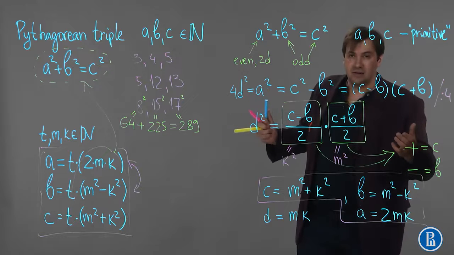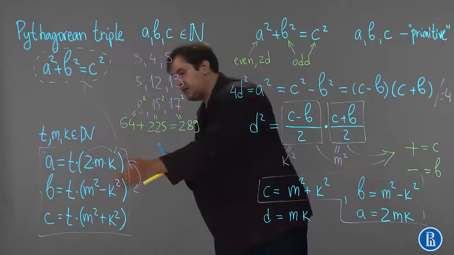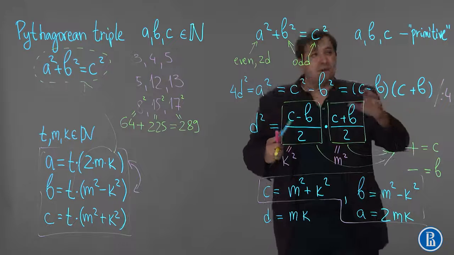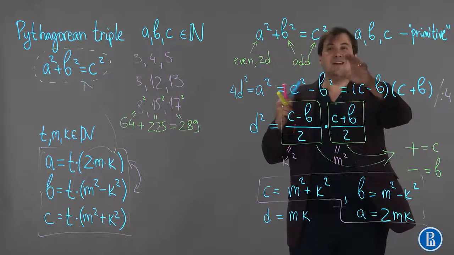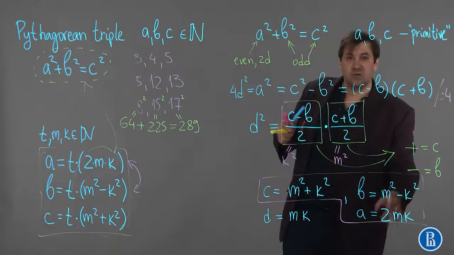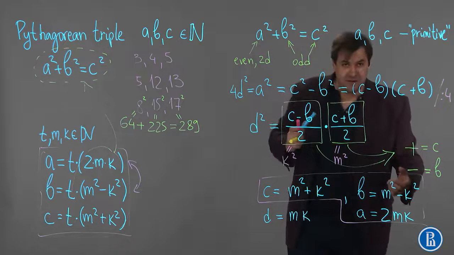Well, this common divisor is t. T, which we see here, is the very common divisor of a, b, and c, but we got rid of it at the beginning of this proof. So this is why the formulas we gained at the end of the proof don't contain t.